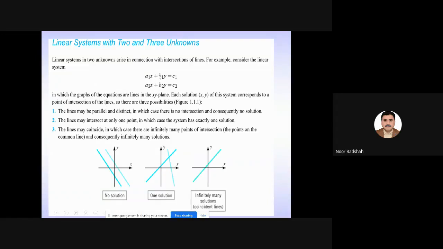If you have two straight lines, a1x plus b1y is equal to c1, a2x plus b2y is equal to c2, there are three possibilities: these lines may intersect at one point, they coincide with each other, or they have no common point. If a1 by b1 is equal to a2 by b2, these lines will be parallel.